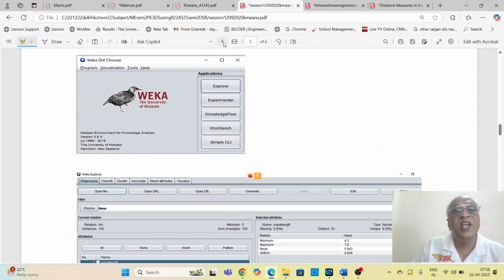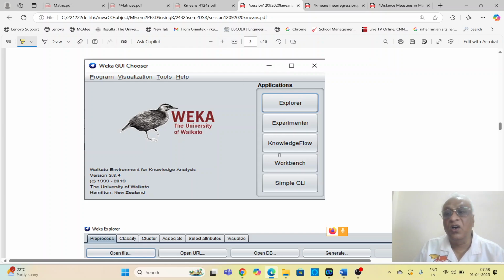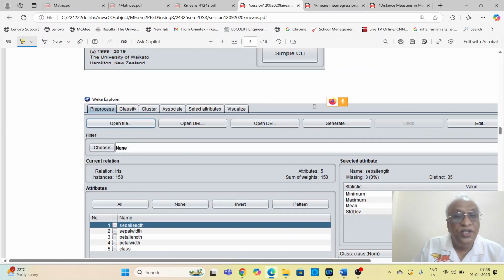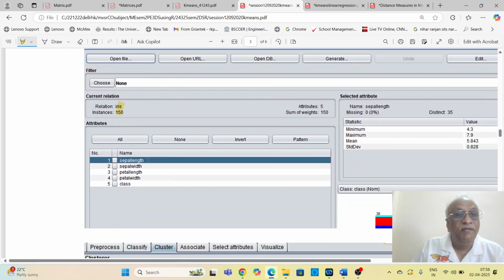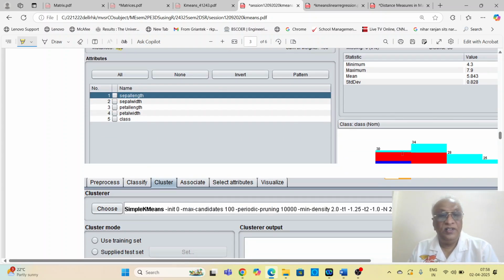Now the same K-means can be applied in Weka also. Weka is a well-known open source tool, right? So what I can see here is the data set I have taken is the iris data set, which has 150 instances, and this is the visual representation of the data set.